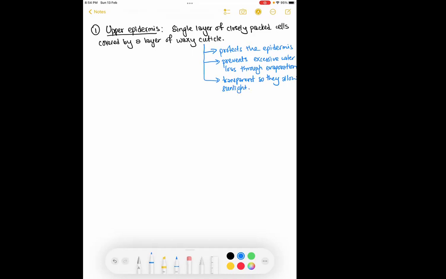As I already showed you in the diagram, the upper epidermis does not have chloroplasts, so they are not the ones photosynthesizing. And then we can move on to the next one, which is the palisade mesophyll.